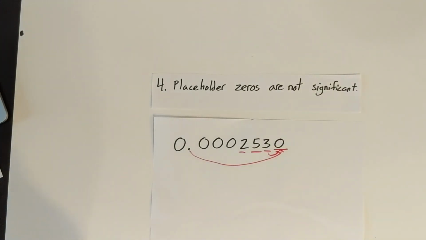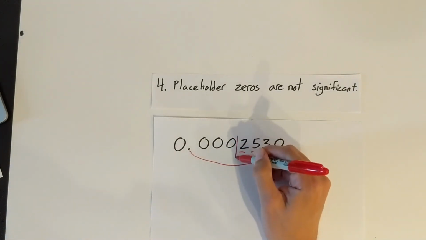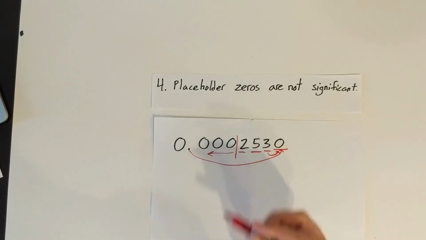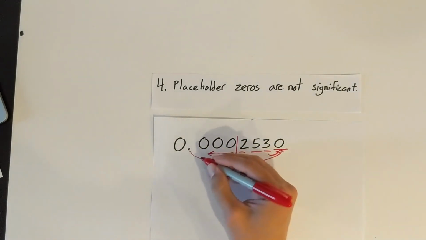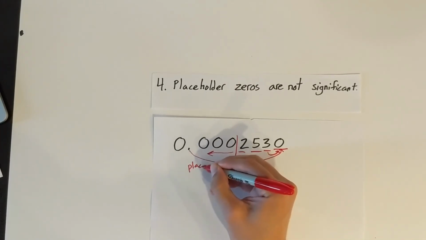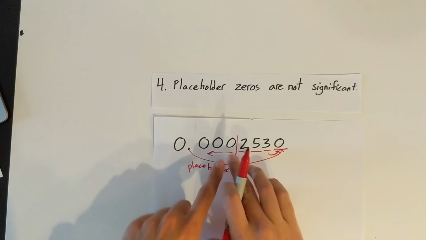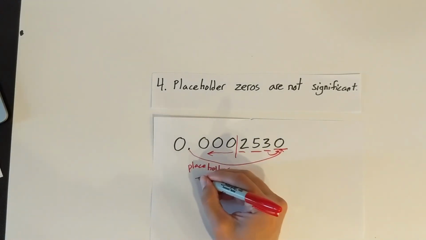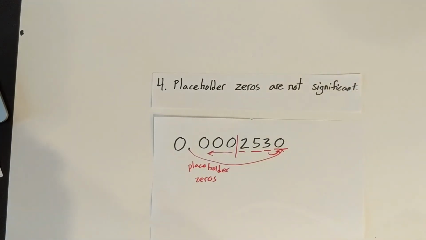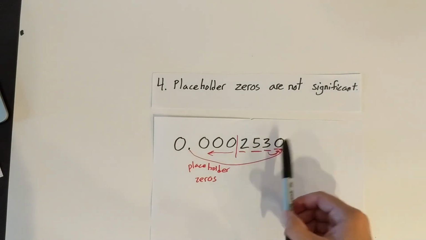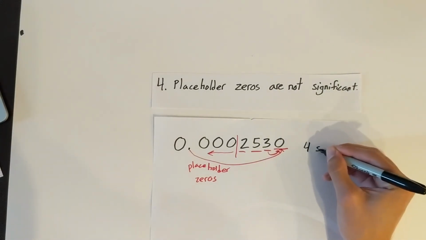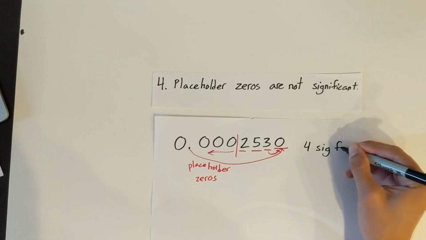So that's a significant figure. But these on this side would be non-significant. So these are also placeholder zeros. They're kind of just holding the place so that you could write these numbers out here. So looking at this, we'd have 1, 2, 3, 4 significant figures.